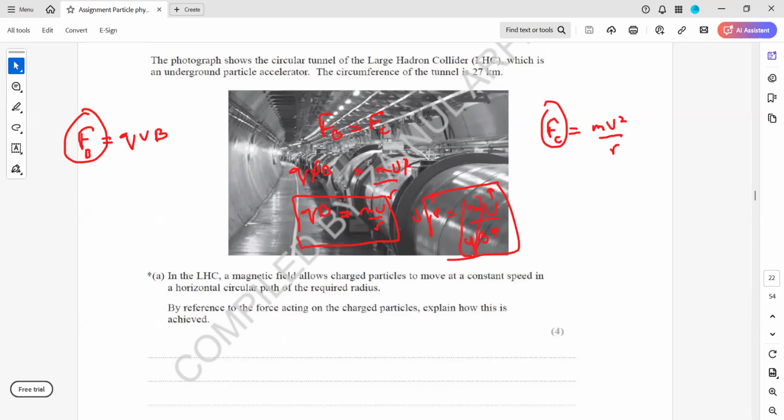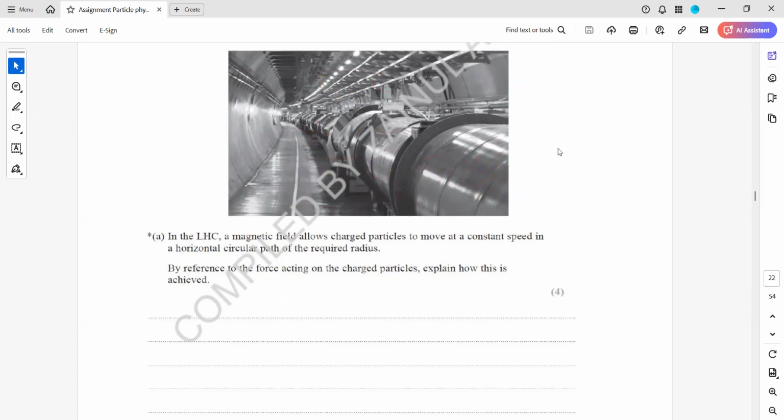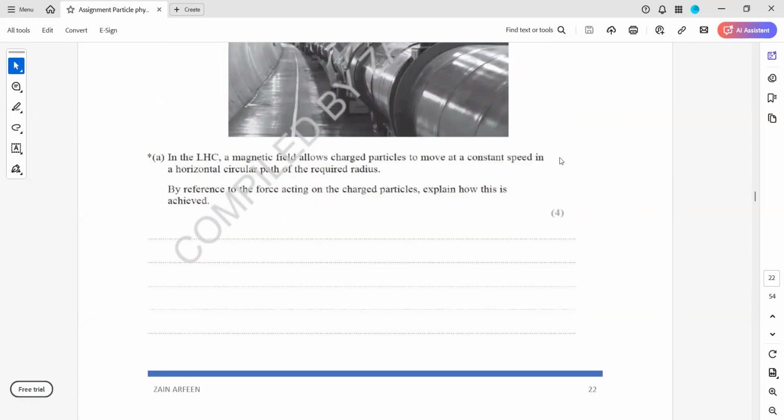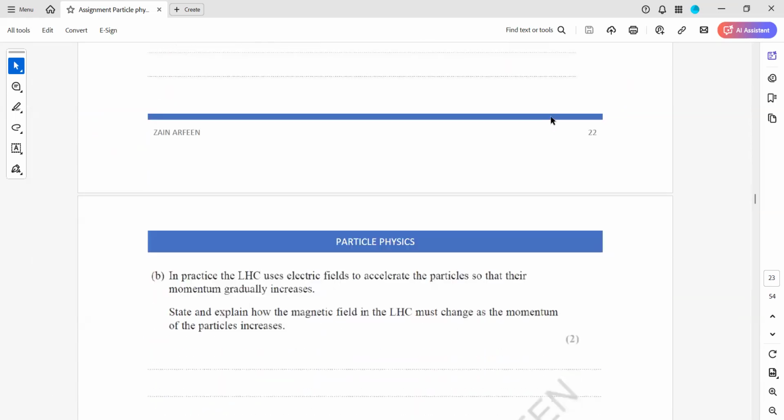If a particle has a greater mass to charge ratio, there is less deflection because of a greater radius. If the particle has a smaller mass to charge ratio, there is more deflection, with a smaller radius. So the points you score: one, the particle has to move in a circular path, so the force should direct toward the center. The magnetic field should act perpendicular to the direction of motion, which creates a centripetal force. The magnetic force equals the centripetal force. And then the last part, you will write this formula.